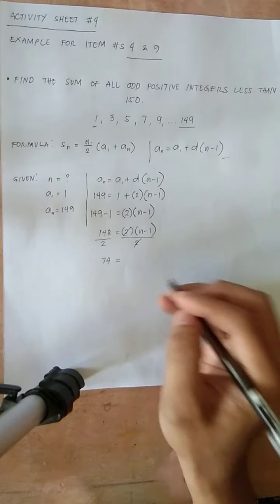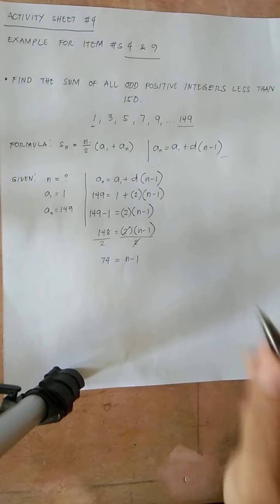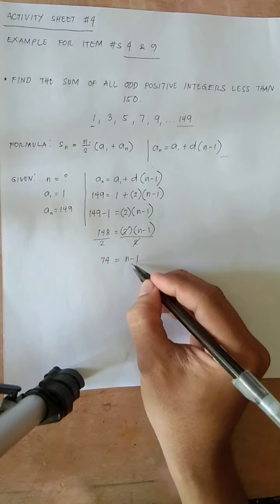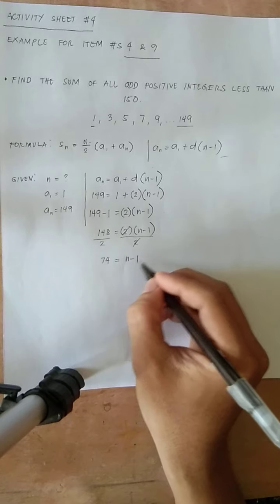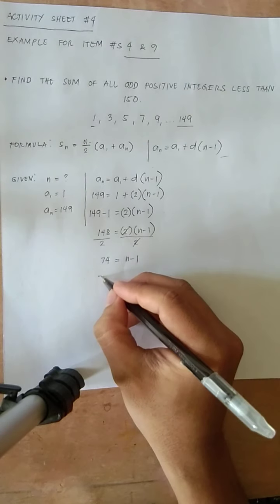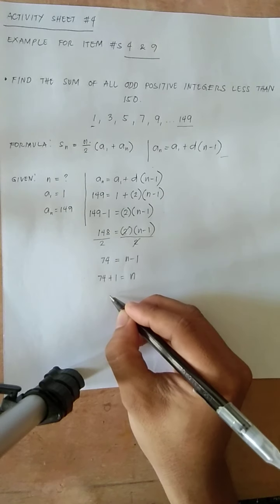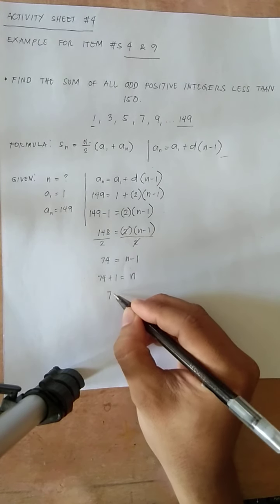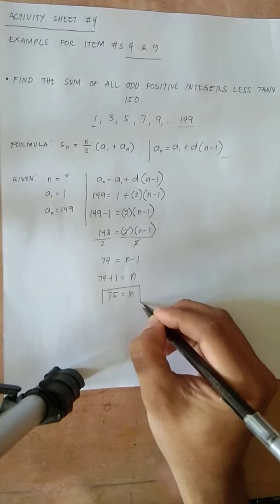Equals, now what's left on this side of the equation is n minus 1. Okay? Now, to find the value of n, transpose this one to the other side of the equation. This becomes plus 1. So, we will have 74 plus 1 equals the n. And 74 plus 1 is 75. Correct. So therefore, the value of n is 75.